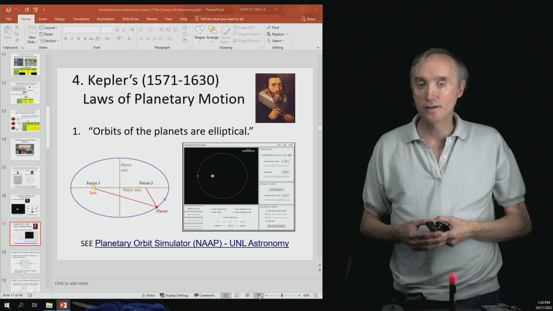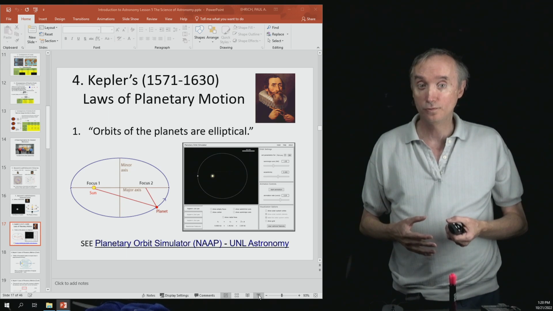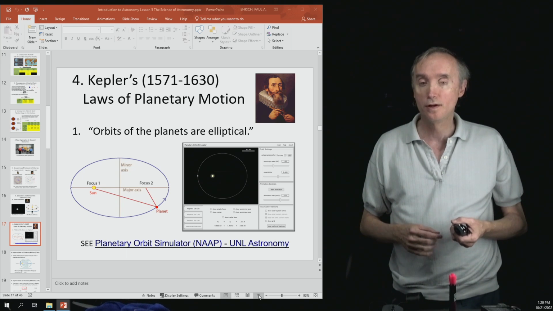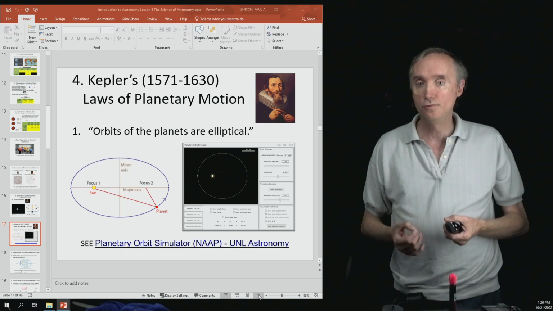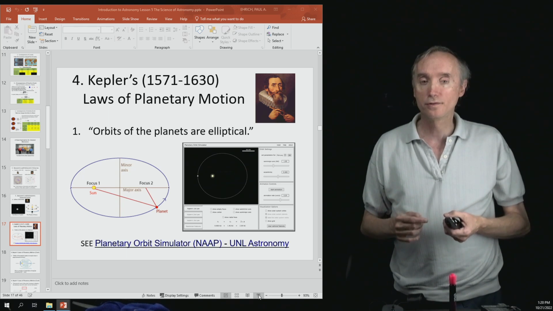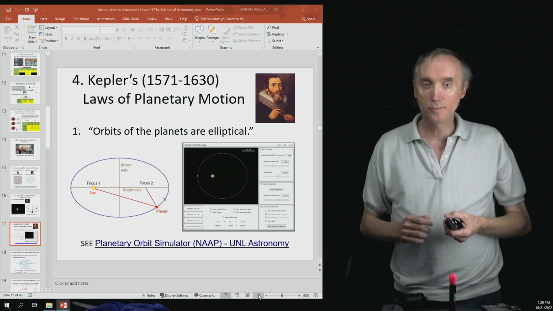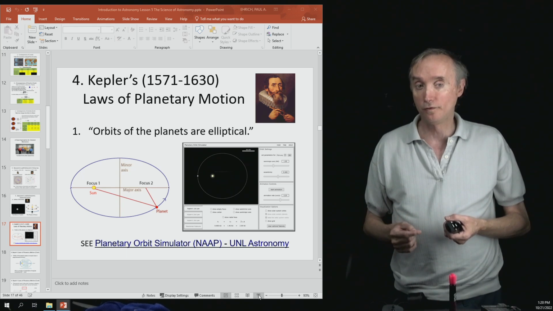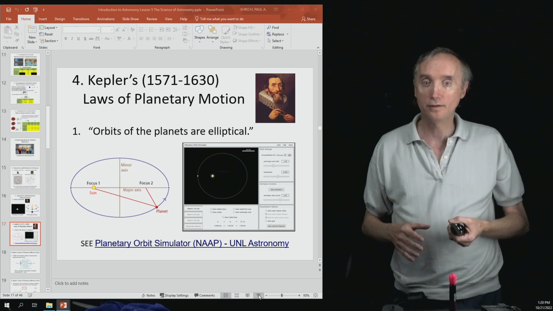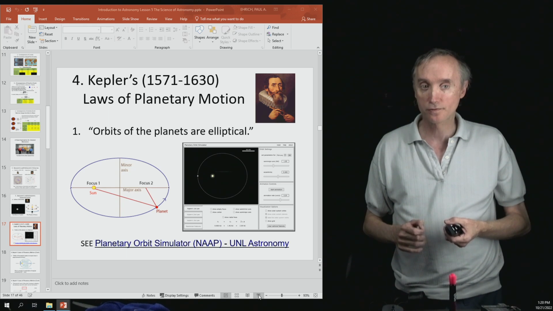And you'll notice that it is an ellipse, which means that sometimes the planet is going to be closer to the sun, and then at other times it's going to be further away. An ellipse has two foci, and the sun is at one of them, and then there's nothing at the other focus.